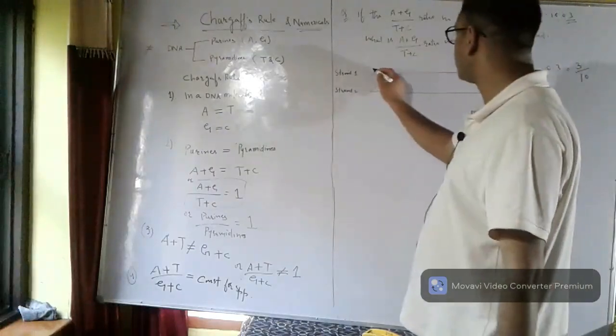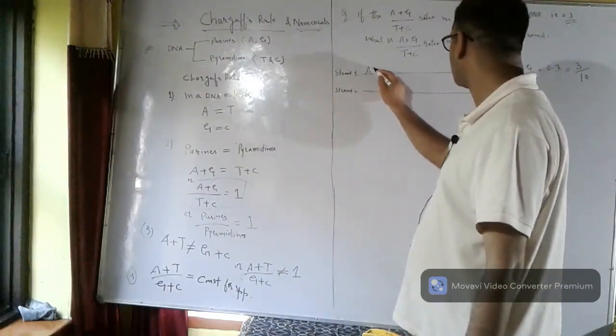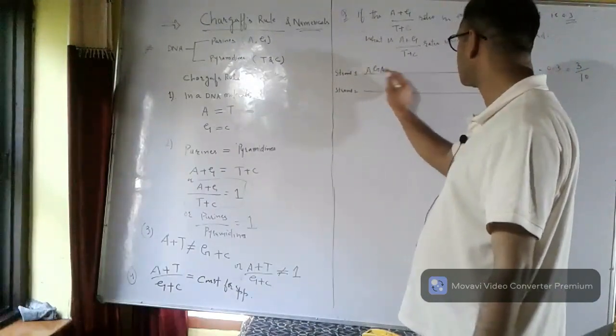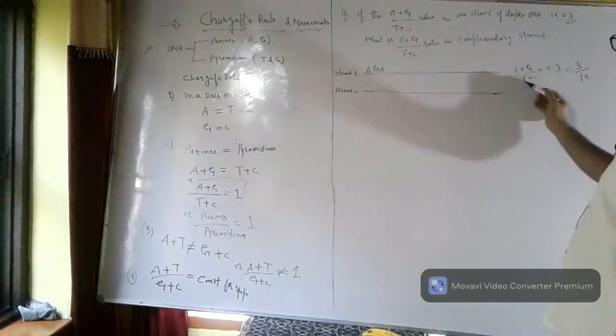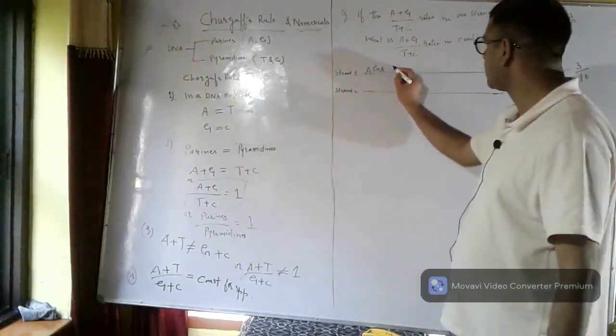So adenine and guanine are 3 in number, and thymine and cytosine nucleotides are 10 in number.